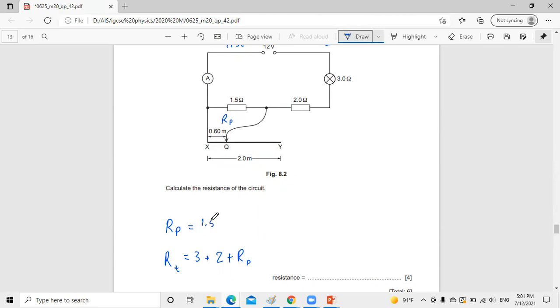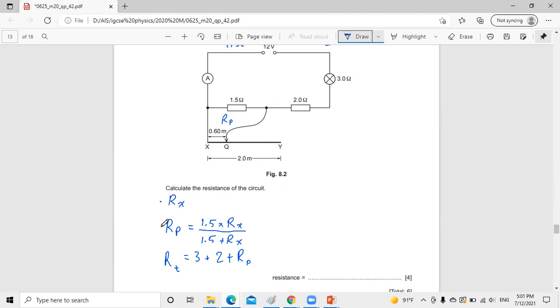So 1.5 multiplied by the unknown, let's say Rx, divided by 1.5 plus Rx. Now I have to find Rx first. How can I find Rx?